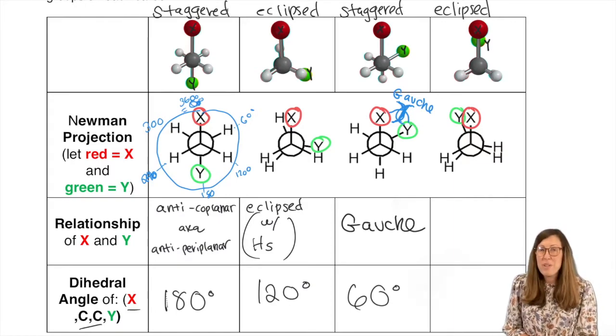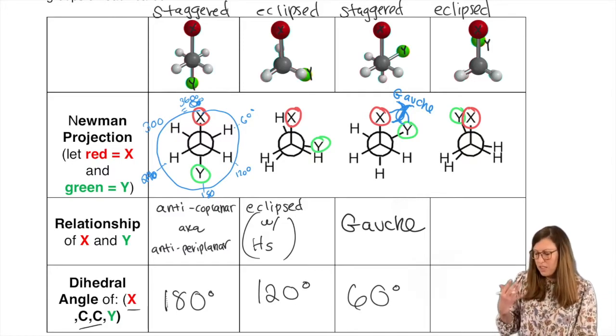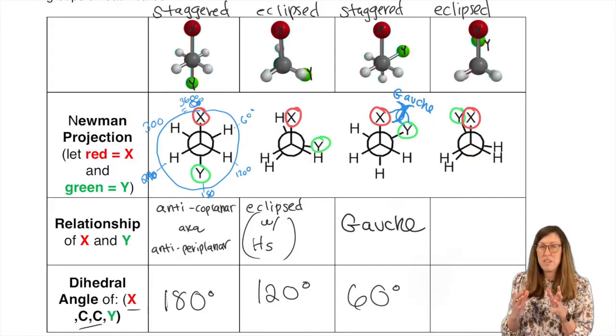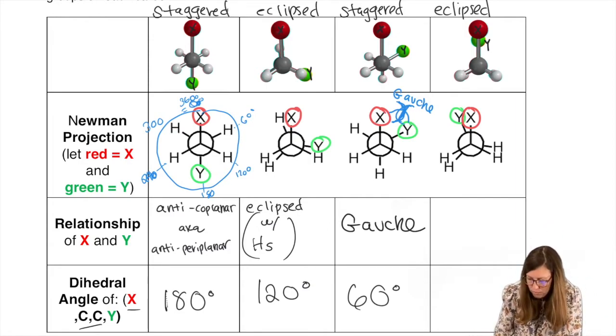Okay, finally we arrive at, hopefully intuitively, you can see that this is the least desirable of all. The two big groups are literally eclipsing with each other. So they have the better chance of overlapping their electron clouds, or even worse, their groups of atoms. And so that's highly unfavorable.